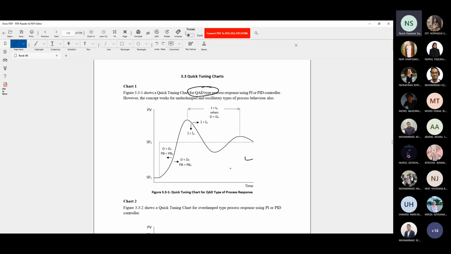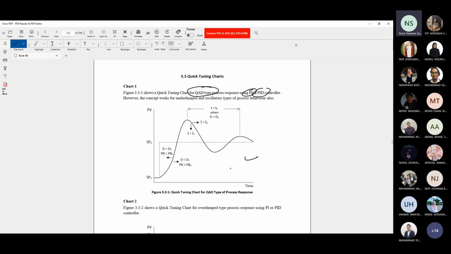So this is a QAD process response. You can see this QAD process response, we already insert the controller setting. So the controller that been used for this process is PI or PID lah.